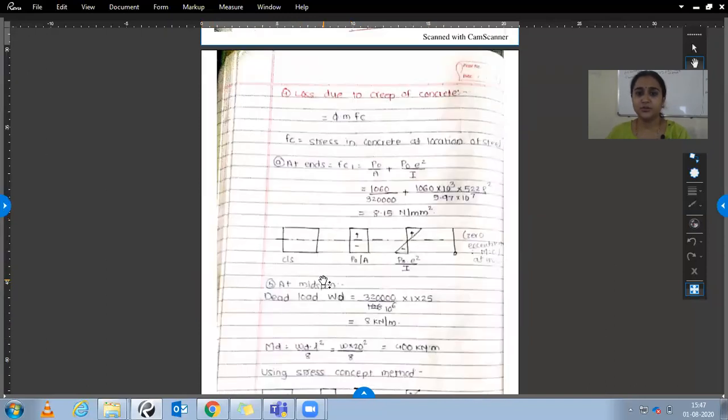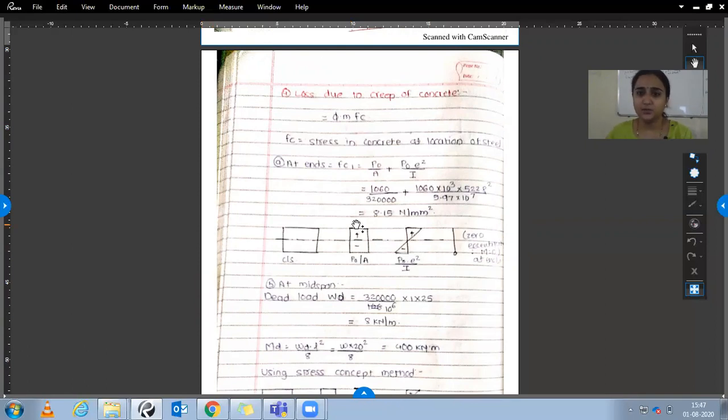Then loss due to creep of concrete, phi m Fc is the formula. So first we will find out the Fc, the stress at the level of steel due to concrete. There is a creep due to concrete and there is a creep due to steel also.